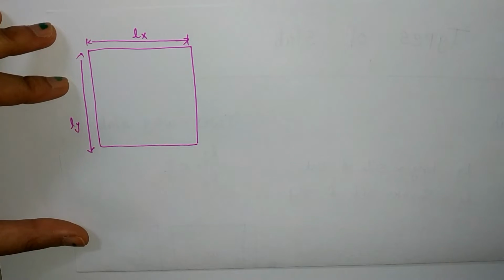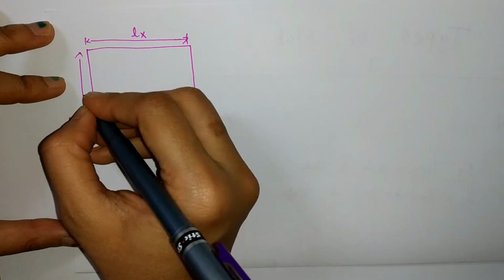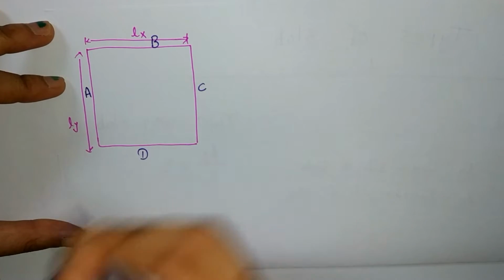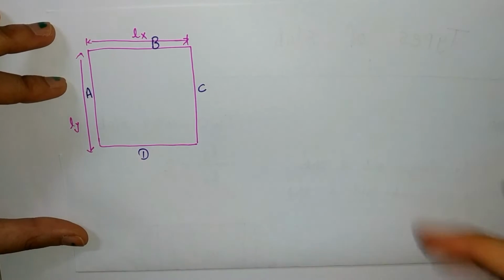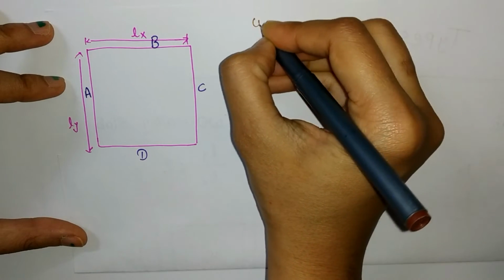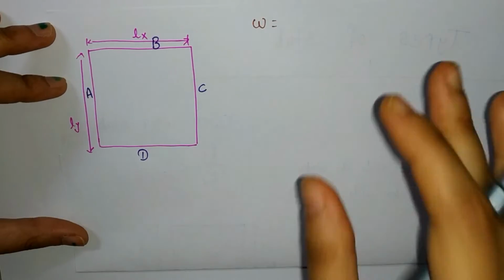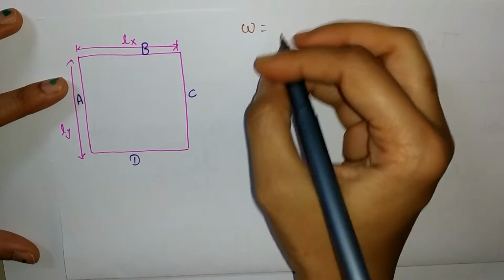Okay, I'm also giving a name to each and every side: A, B, C and D. Okay, now we can assume that the total load is uniformly distributed over this particular slab.